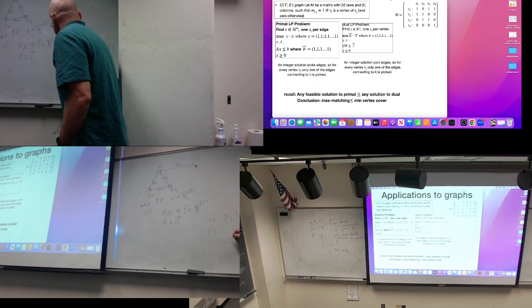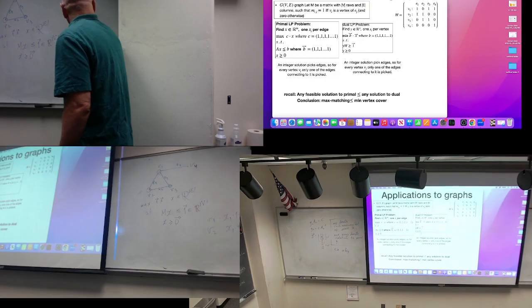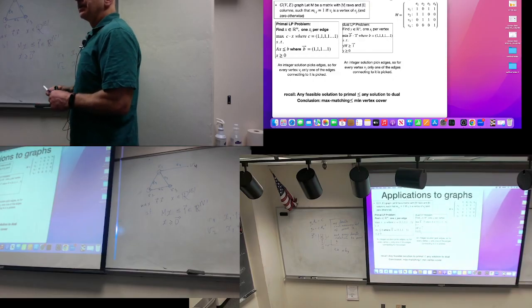For V2, we will have x1 plus x2 smaller or equal than 1, and so on, and I'm trying to maximize it.